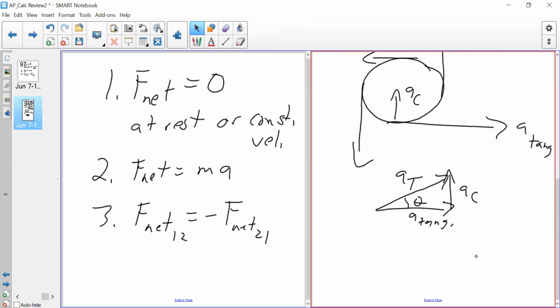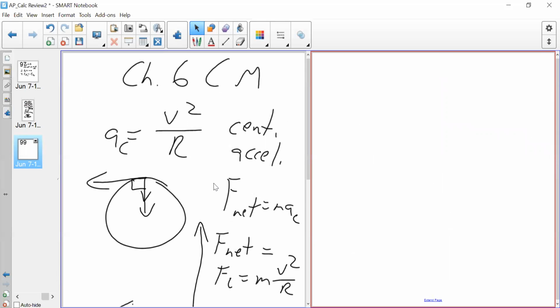And by the Pythagorean theorem, the total acceleration is the square root of a_c squared plus a_t squared. All right, and this is just for everybody: there was that one question on air resistance in the Physics C exam.